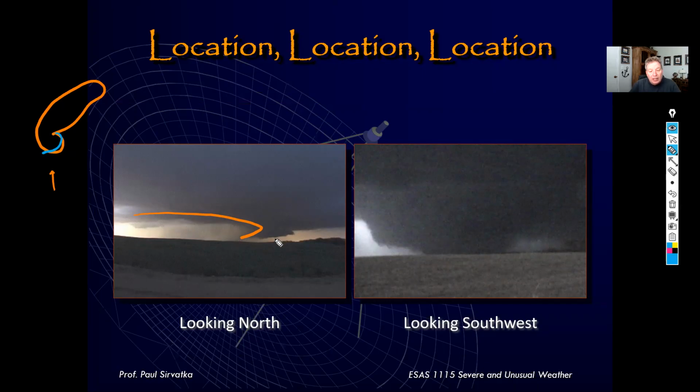And this might be a shelf cloud over here where the air is kind of going into it. But if there's a tornado, it's back here. If there's a tornado, guess where it's going to be? It's going to be back here someplace. The problem is I can't see it because of the rain that's falling. So looking to the north, if I'm in the wrong spot, that's bad.